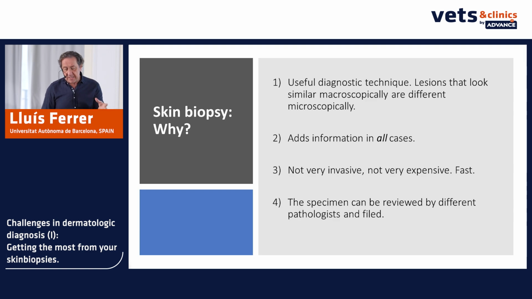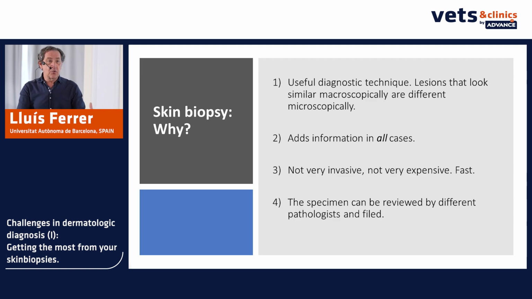I always try to explain to my students that if you do a thyroid test and check the free T4 levels and TSH, because in your differential you have hypothyroidism, this test only tells you if the dog is hypothyroid or not. That's it. If it's not, you don't get more information. With a biopsy, this is different, because in all cases it provides you with useful information.